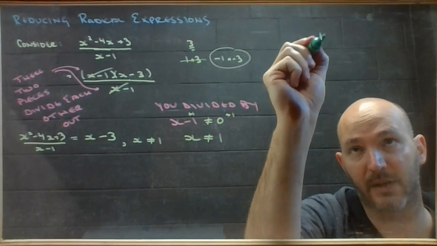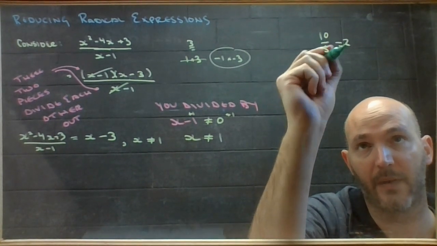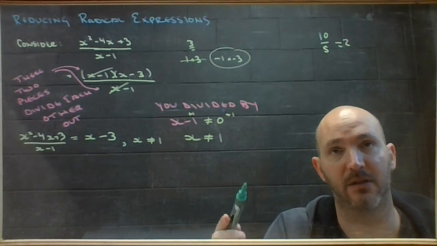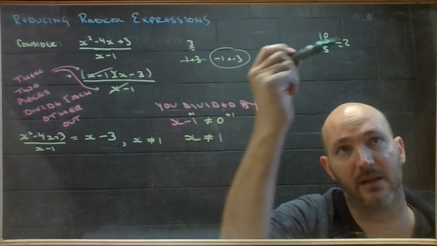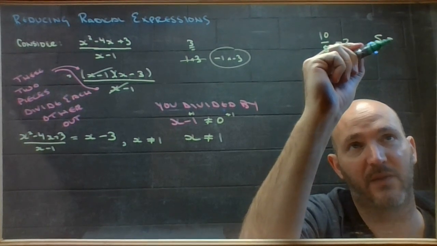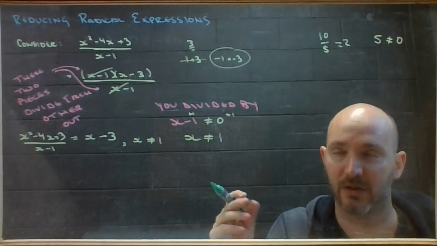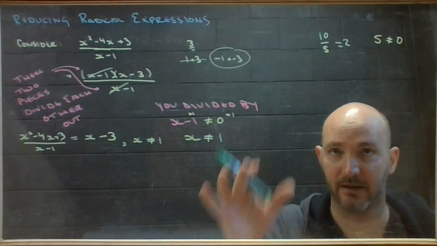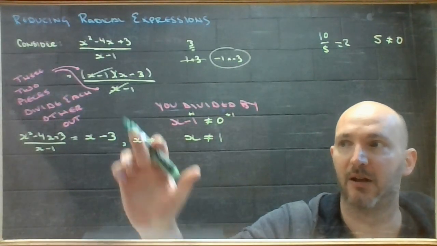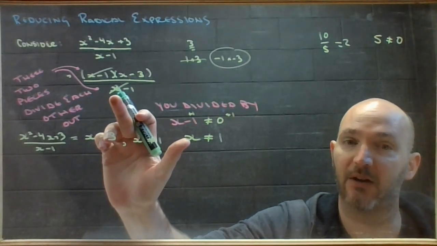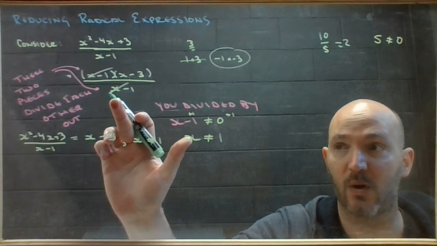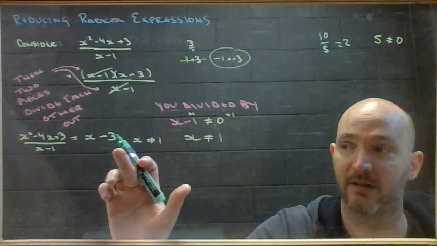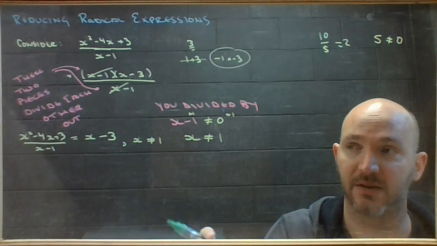Now this one I had up here a minute ago, I didn't need to make that statement for this question because the statement would be 5 cannot equal 0, which is obvious and fundamentally true. But this thing, because it has a variable in it, if x is 1, then x minus 1 is 0, and I would have divided by 0, and that's forbidden.